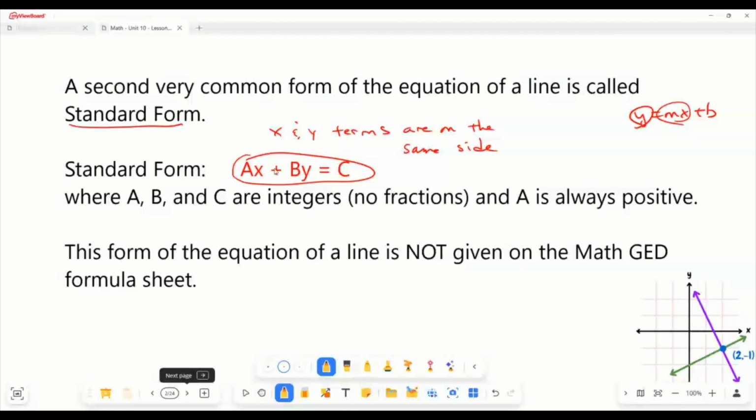But when we put them both on the same side, it's called standard form. As long as a, b, and c are integers, so no fractions, and the x term is always positive.